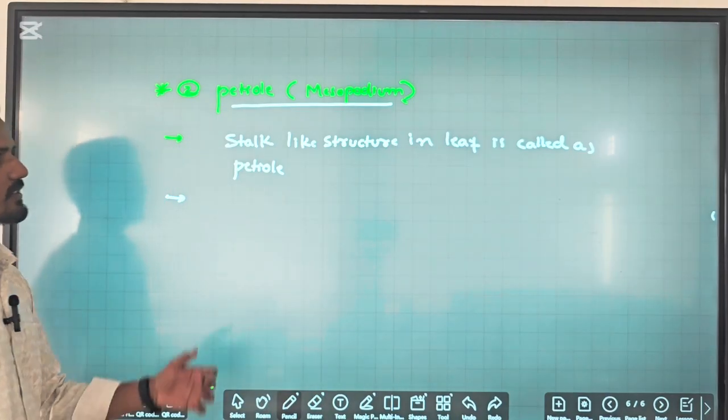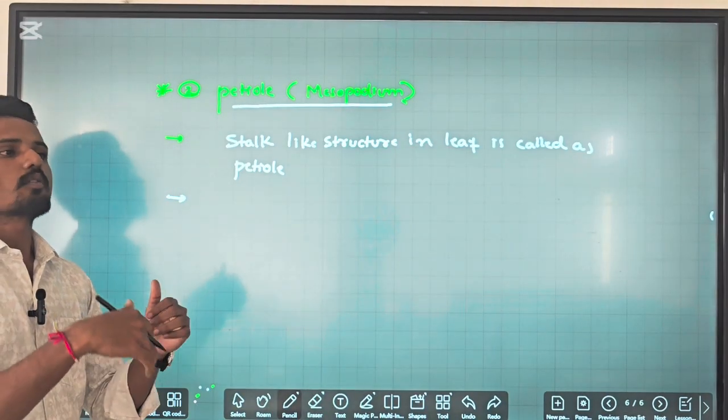In the petiole we have to understand another important modification.